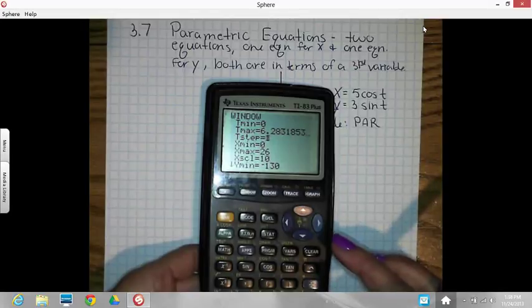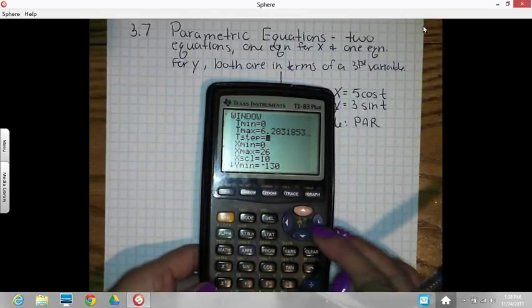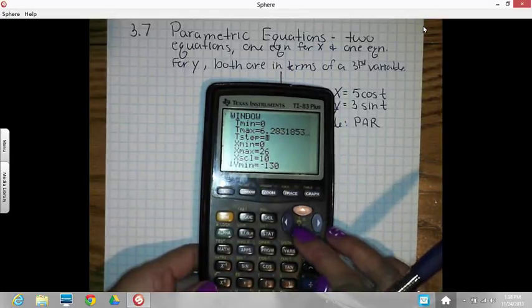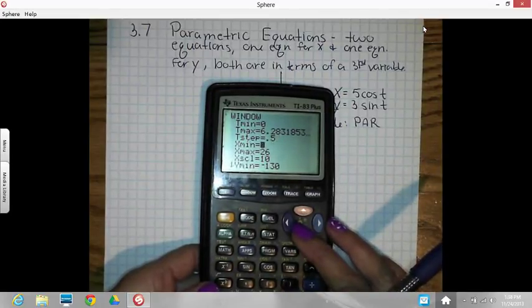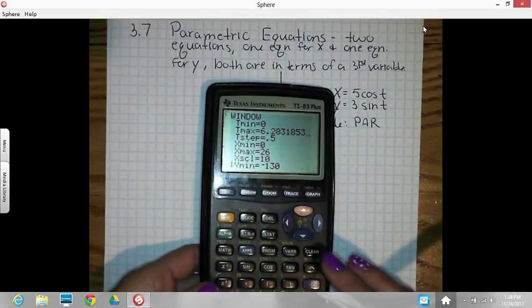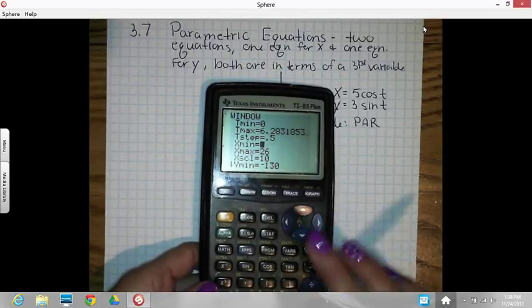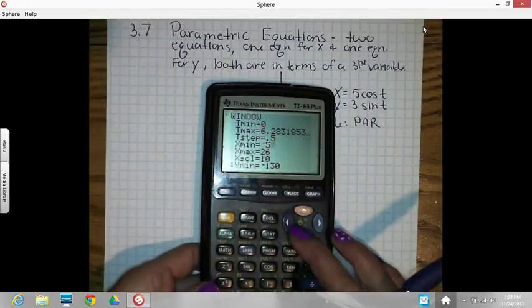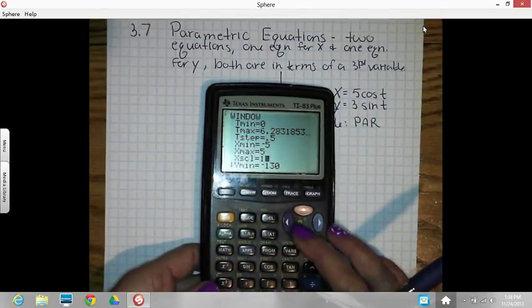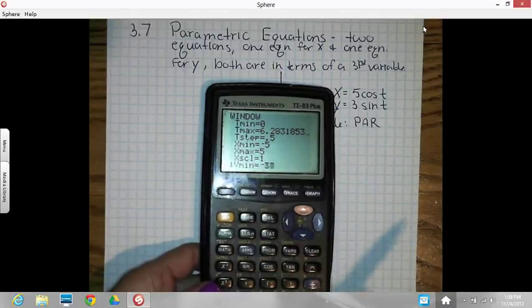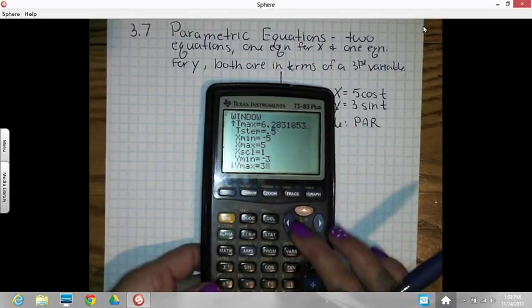For t-step, I'll go every quarter pi. It doesn't matter. 1 is fine. Actually, I'll go 0.5, to make it do a lot of points. X is going left and right 5, so -5 to 5. And my y's are going up and down 3, so -3 to 3.